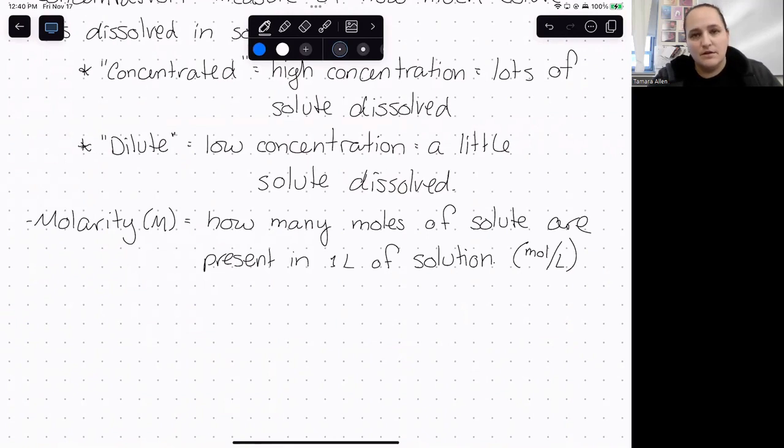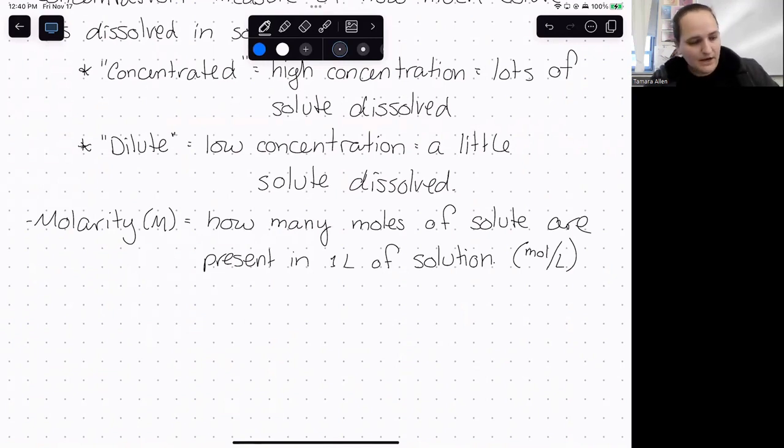Usually it's going to be the solute that is the thing that's reacting in a chemical reaction. So we saw in our last unit that something like a precipitation reaction is occurring between substances in aqueous solution. So those are the solutes that are reacting. So it is important to know how much solute is present to know how much of that reaction can happen.